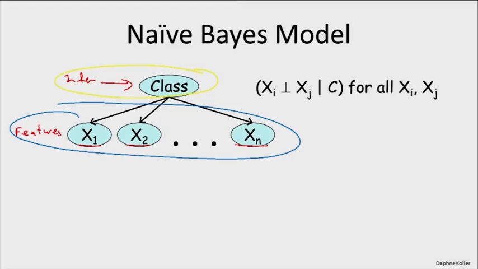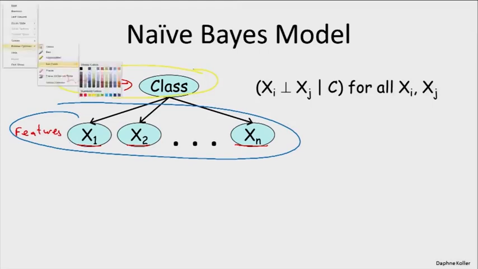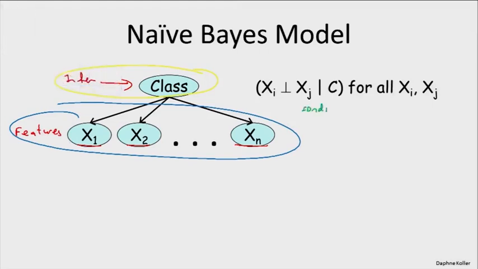Now, if you look at the assumptions this model makes, it assumes that every pair of features, xi and xj, are conditionally independent given the class.